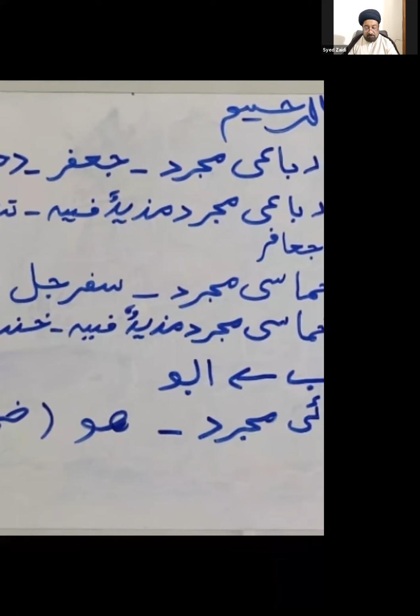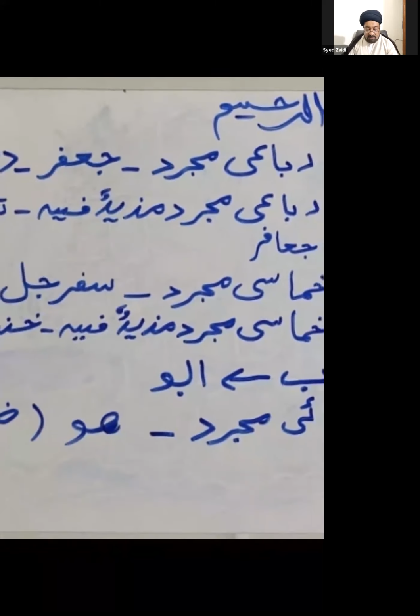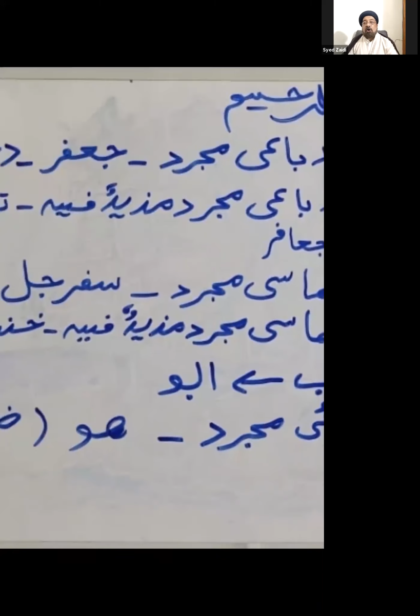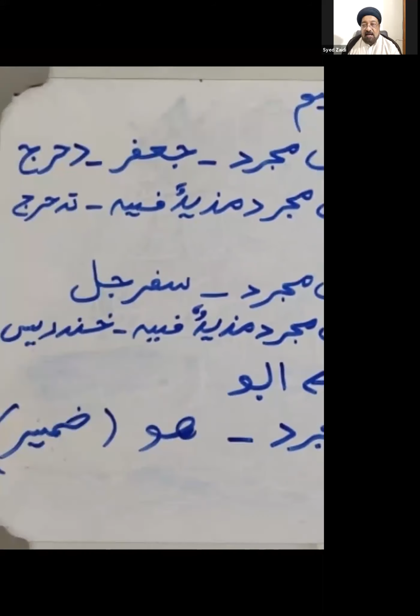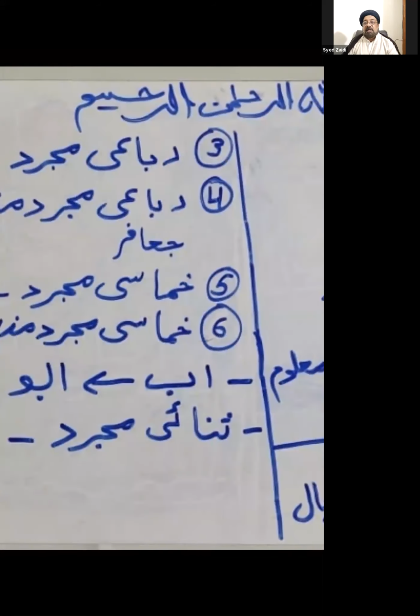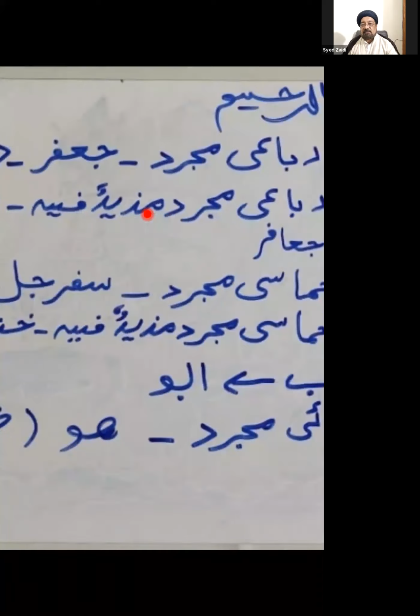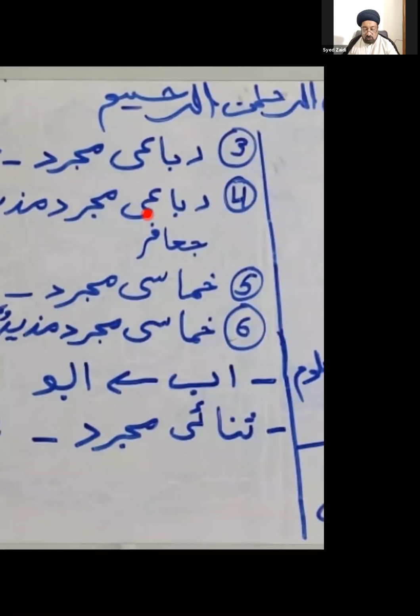If I give you an example, the example is Tadahraja or Ju'afir. Tadahraja comes from the root Dahraja, the four letters. These two, Tadahraja and Ju'afir, are the examples of Rubai Mujarrad Mazidun Fi.